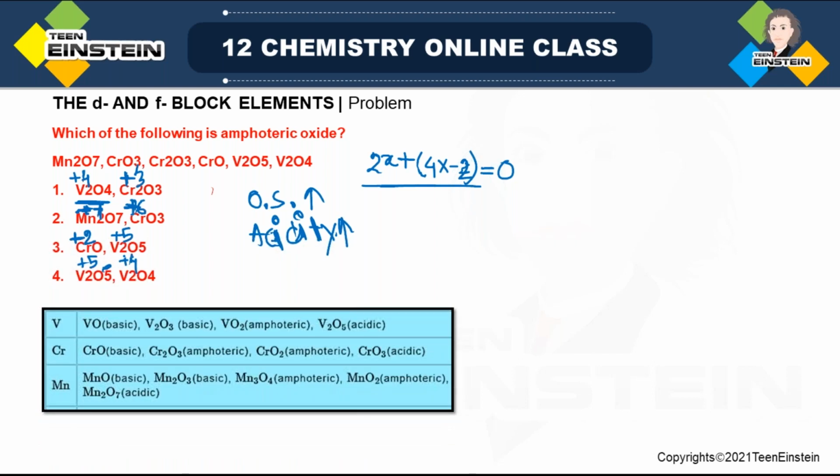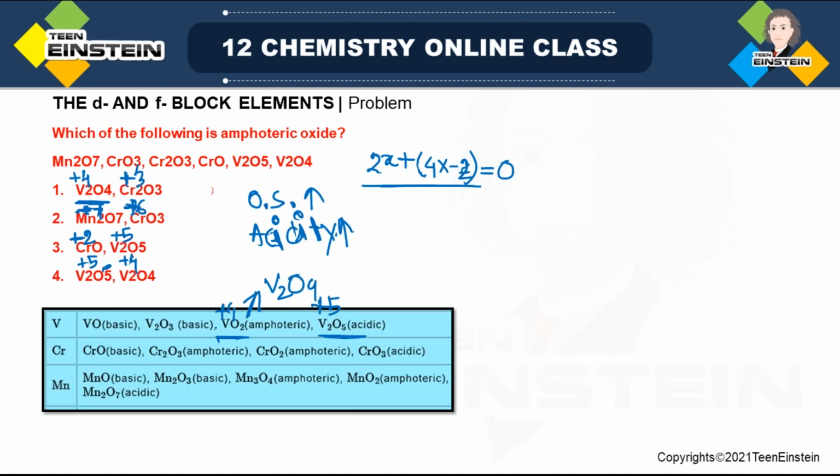Now this table I have already used probably in the last class, but if you look at this table, it will give us a clear idea of the nature of all these oxides. Vanadium oxide, that is V2O5, is acidic. It has to be acidic because it has the highest oxidation state. VO2 is amphoteric. Here the oxidation state is +4, and if you consider the dimeric form, it will be V2O4.